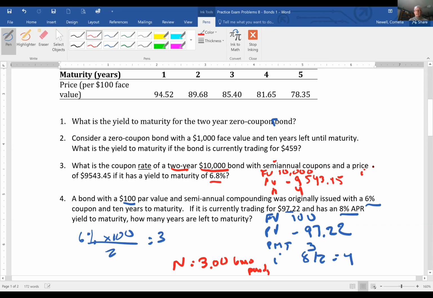I is 6.8 divided by 2. So we're going to solve for payment. And the payment is the coupon. And once we know what the payment is, we'll find out what percent of the face value it is. And that'll give us the coupon rate.